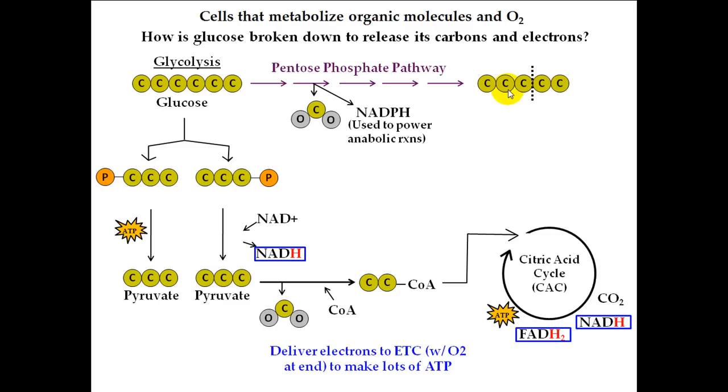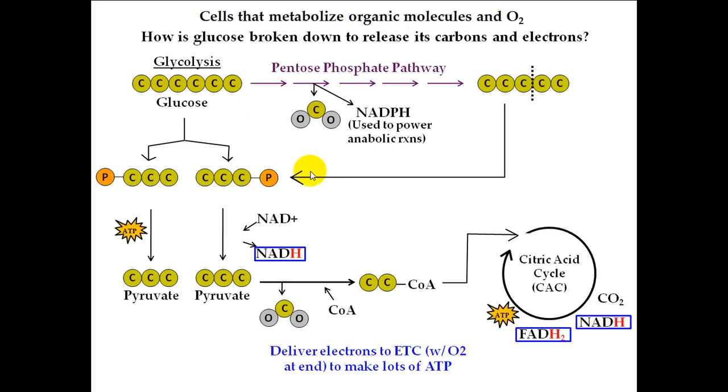And this 3-carbon molecule can be used to construct this molecule over here that is required for glycolysis to happen. Again, what we're showing you here are different pathways that cells can use to break down organic molecules, like glycolysis.